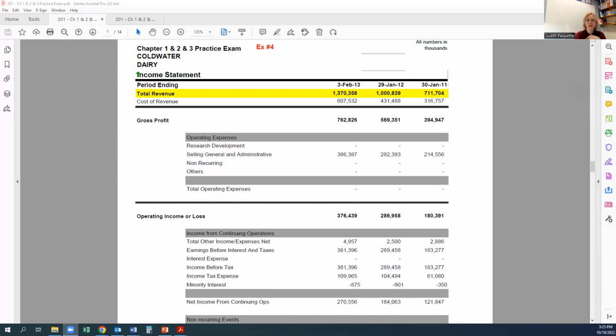So can you see this Cold Water Dairy here? Yes, no? Yes. Okay, thanks. All right, so this is actually Lululemon. There is no Cold Water Dairy. So everybody know Lululemon? What do they make? Clothing.